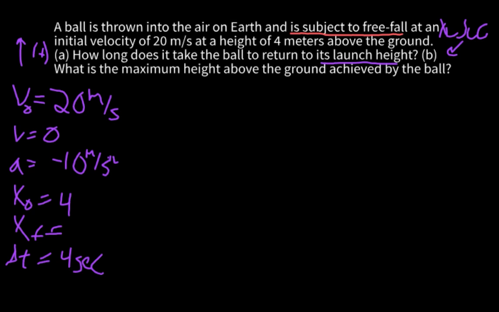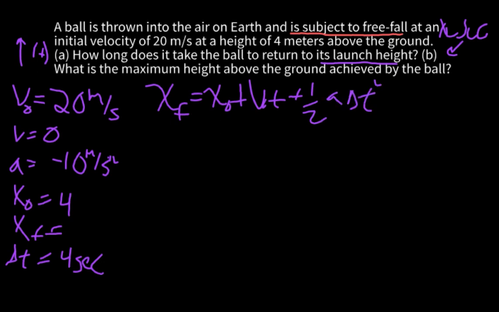So let's use this kinematic equation we derived in the last video that says final position equals initial position plus initial velocity times time plus 1/2 times acceleration times change in time squared. Luckily this equation is already solved for our final position, so we really just have to plug everything in.